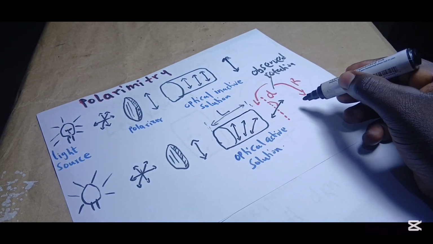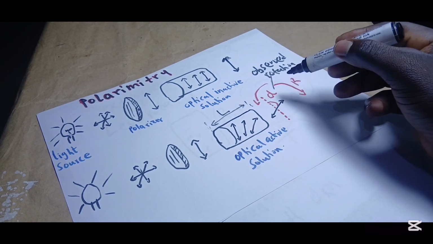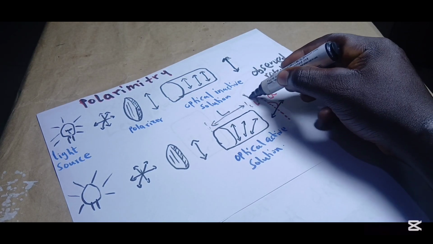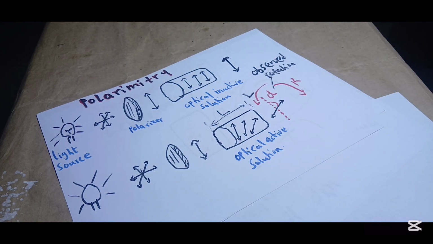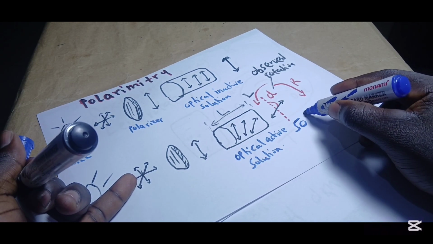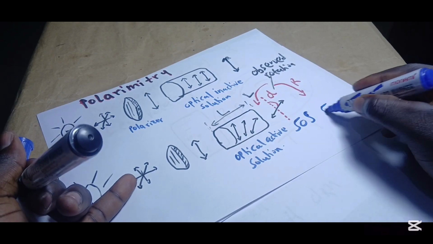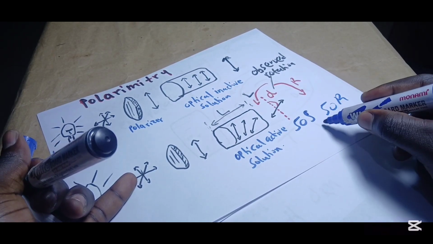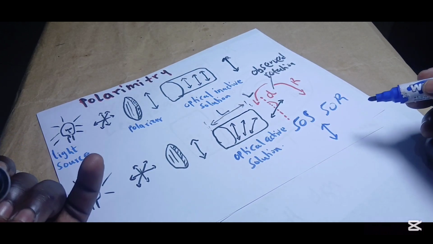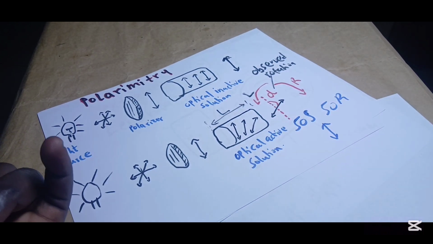In a case where we have the R turning it to the right and the S turning it to the left, and we have 50% of the S and 50% of the R, it means that there is not going to be rotation, right? Practically, which makes sense.